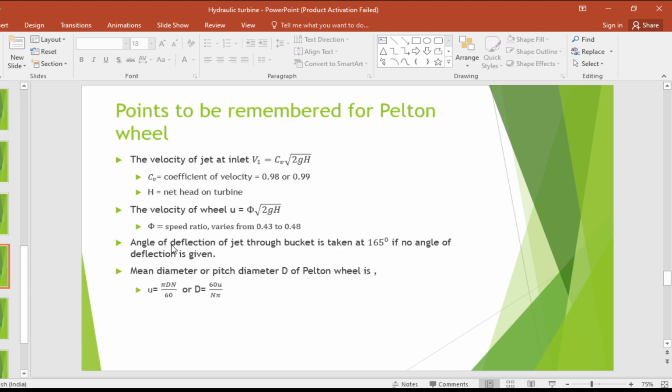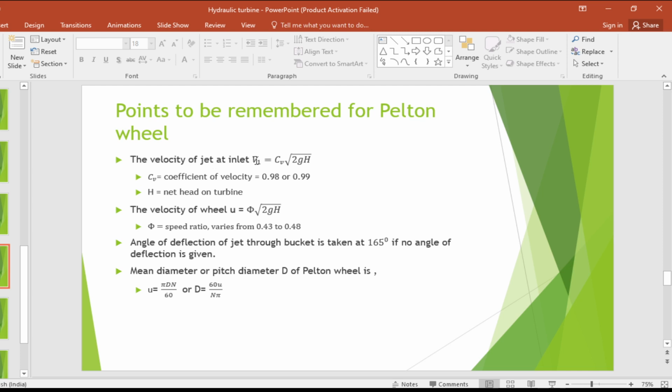And now the points to be remembered for the Pelton wheel. While designing or determining the work done or velocities, these points should be remembered so that we can directly move to the problems or numericals. The first point is the velocity of jet at inlet.